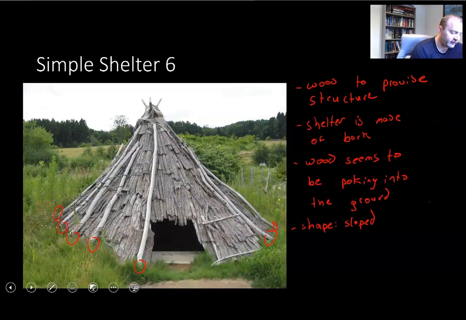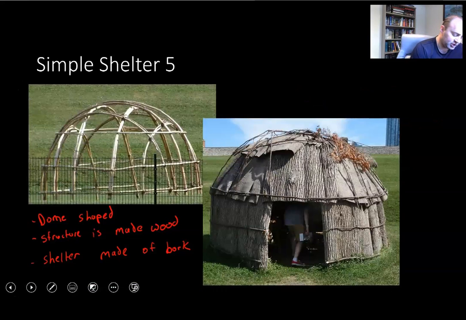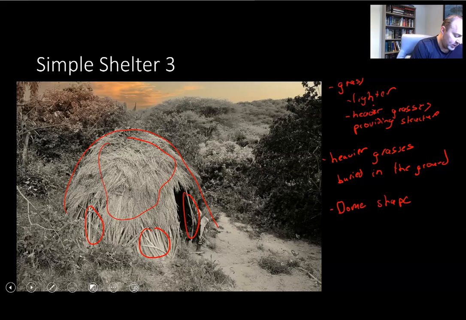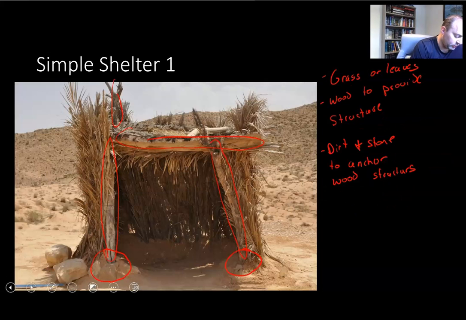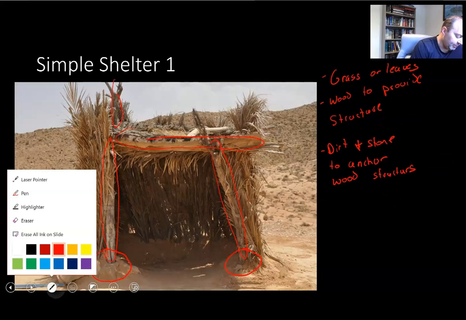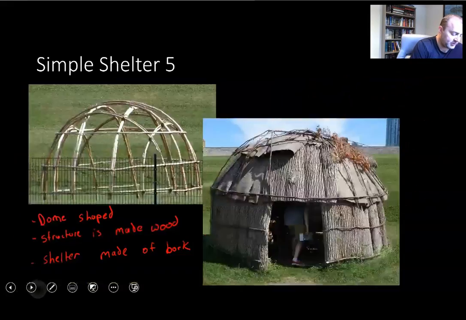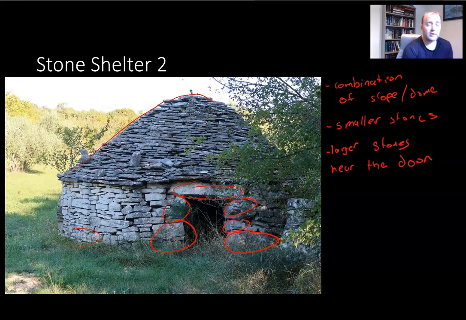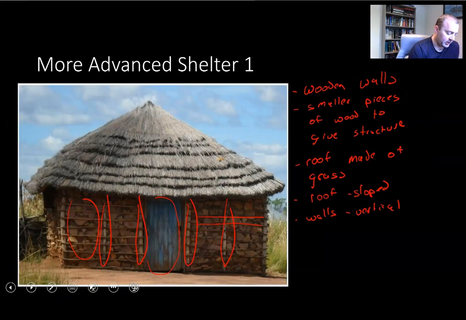We don't have vertical walls in these simpler structures. I guess in this one we did a little bit, but that's more just a consequence of the dome shape. But a lot of times we don't have much in the way of vertical walls going back here. The walls are all sloped until we get to these somewhat more advanced structures where we start having vertical walls and then a sloped roof on top. So that's what's going on here.